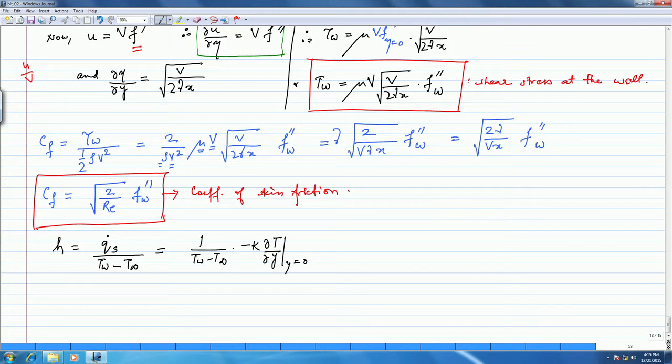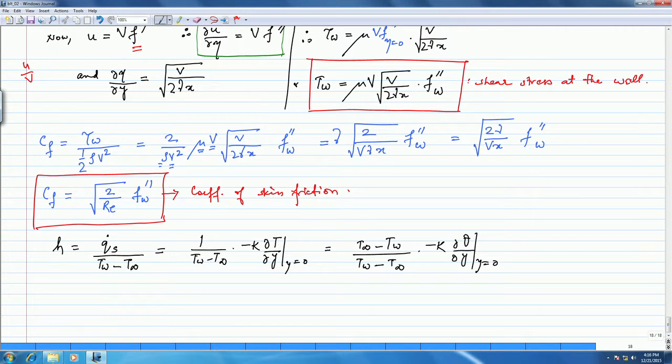So, I am going to write this as T infinity minus T w, and T w minus T infinity, minus k del theta del y at y is equal to 0.